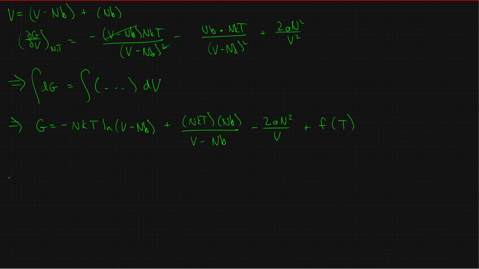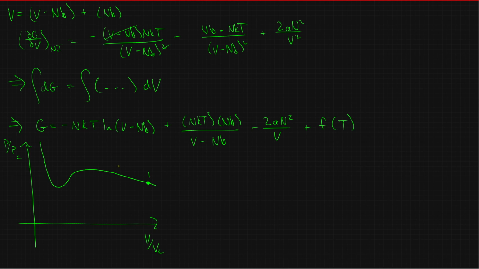Okay, so now let's try to understand how we can actually see this phase transition. So we're going to plot a single isotherm. So this is P over PC. This is V over VC. Okay, so let's look at an isotherm that looks something like this. And let's label the points on this isotherm.